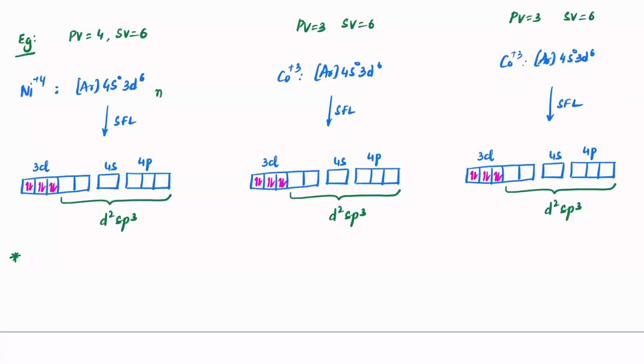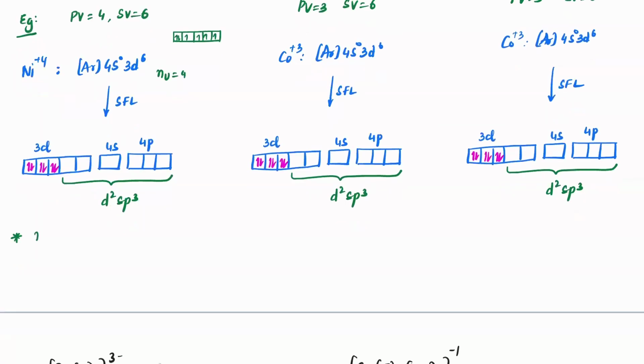Originally the number of unpaired electrons was 4. Why? Because 3d6 normally will have electrons like this: 1 2 1 2 3 4. But now the number of unpaired electrons is 0, which makes it a low spin complex. So this is a low spin complex and diamagnetic material.